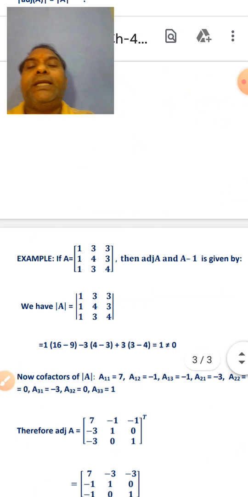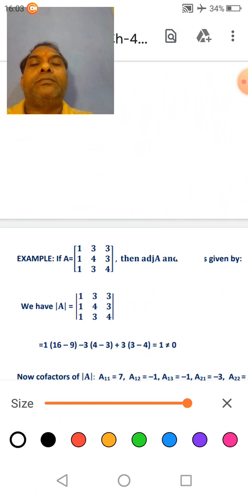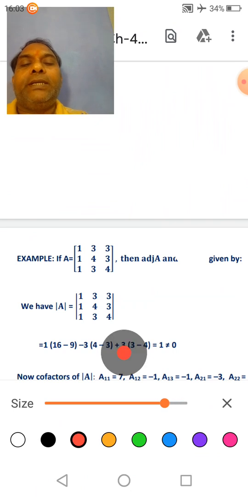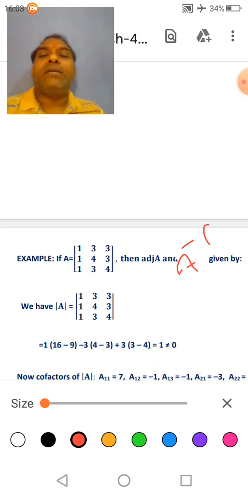Now see the example. In this question, matrix A is given row-wise 1 3 3, 1 4 3 and 1 3 4.